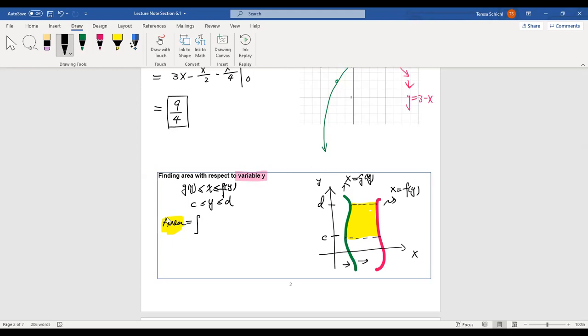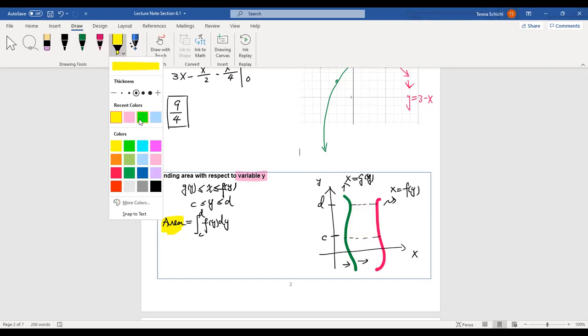So if I'm integrating f of y dy from c to d, what is the area I'm integrating here? Let me get rid of this yellow one. Let me try to use colors here.